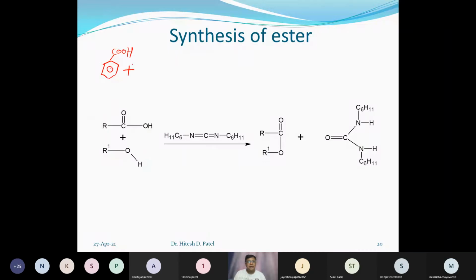We take benzoic acid plus ethanol, then add sulfuric acid. When we add sulfuric acid and heat it, we get a sweet smell, like that of an ester.